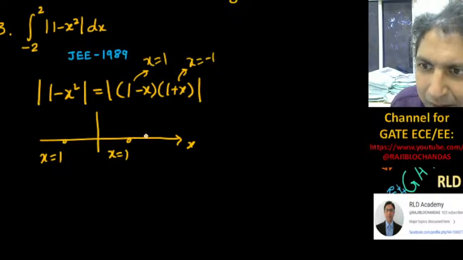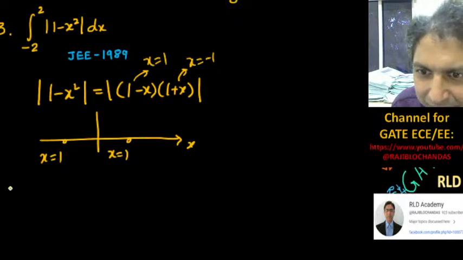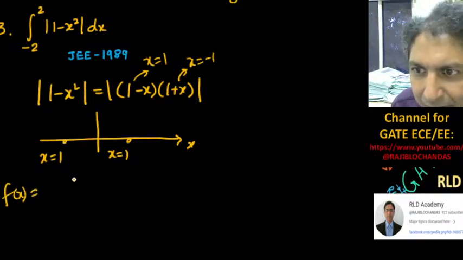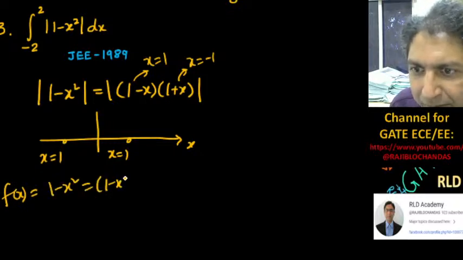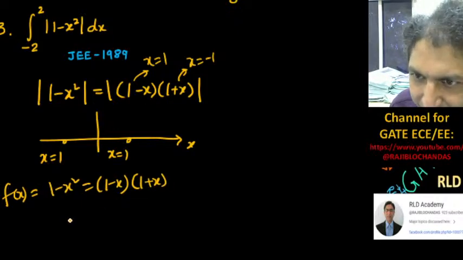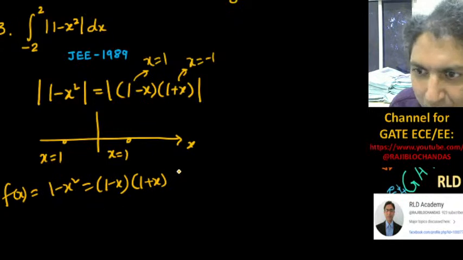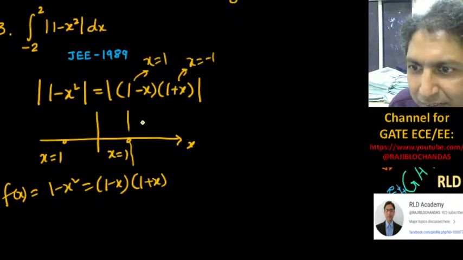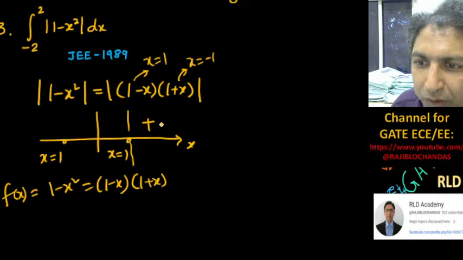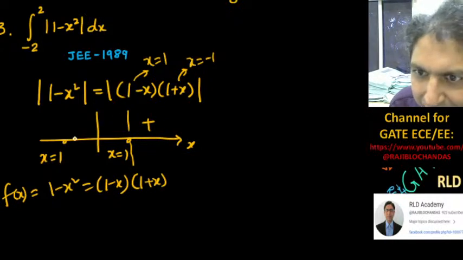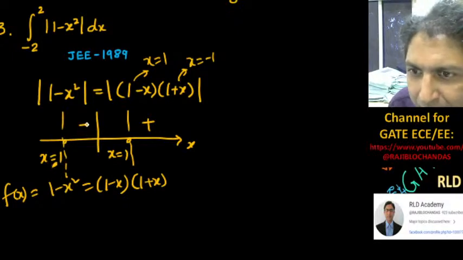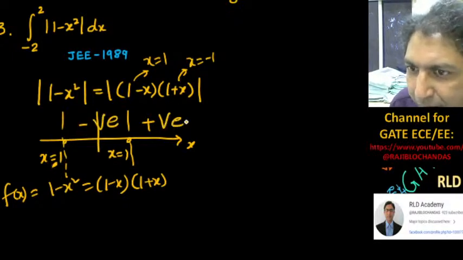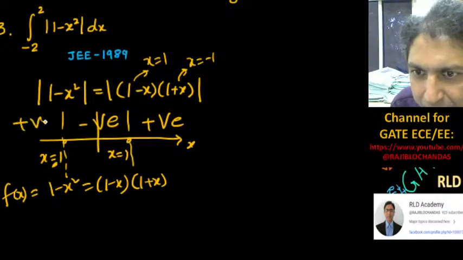Now the function 1 minus x square means 1 minus x times 1 plus x. This function will be positive for this side when x is more than 1. Then the next region is this one. This is minus 1, remember. And this is negative, the alternative. This is positive, this is negative, and this is again positive.